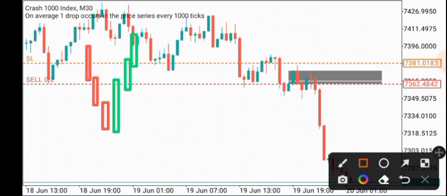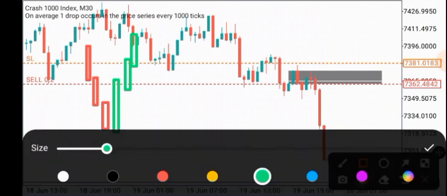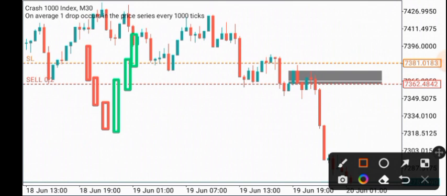Now if you are asked to spot out the order block here, what will be the order block here? And remember, we said that the order block is the last opposite candle before its structure gets broken. Now this is the place the structure got broken, right? This is a break of structure.